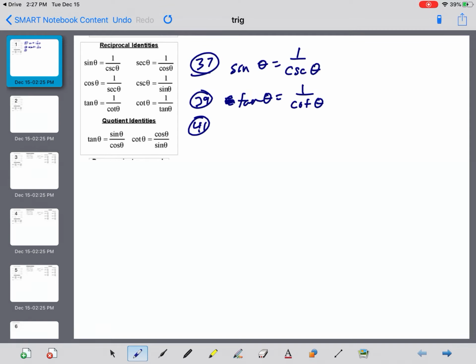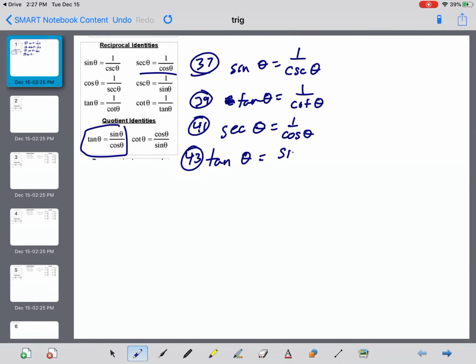So those are inverses of each other. 41, it's saying secant theta is 1 over something, and secant theta is 1 over cosine theta. 43, now tangent theta is equal to something over something, and it's right here. Tangent is sine over cosine.